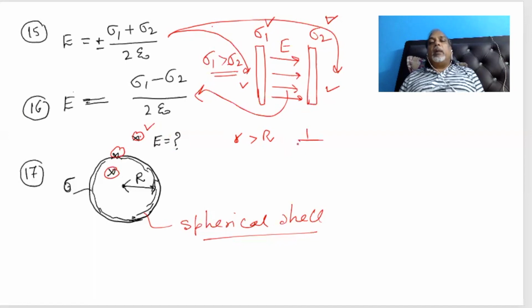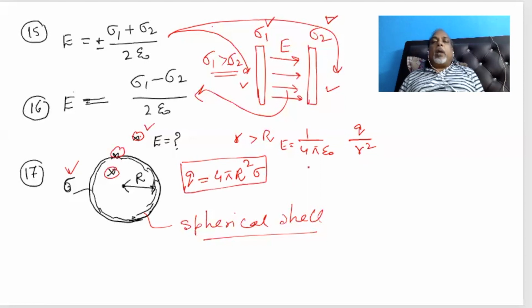E will be 1 by 4 pi epsilon 0 Q upon r square. What is Q basically? Suppose sigma is the surface density, then Q is the total charge, which is 4 pi R square into sigma.